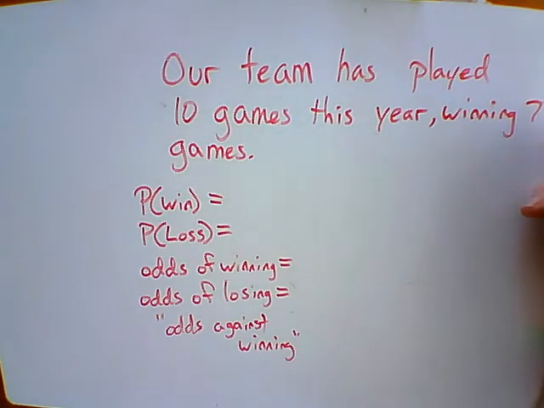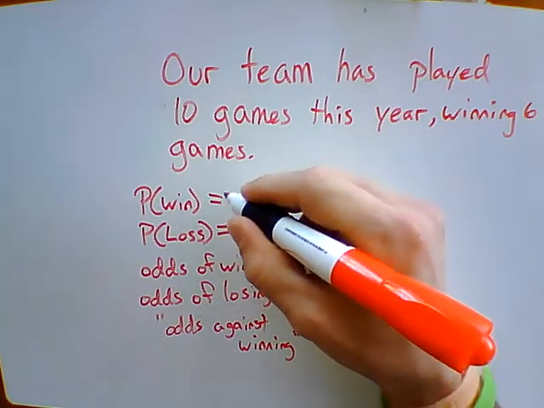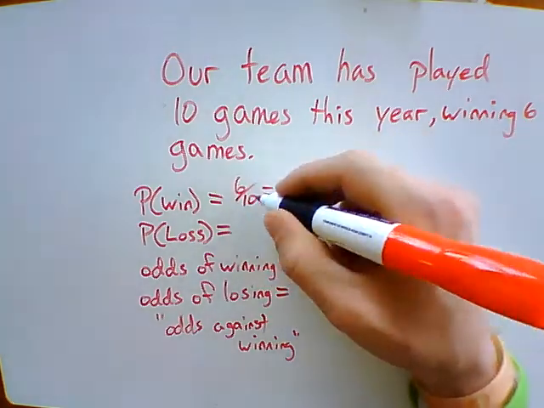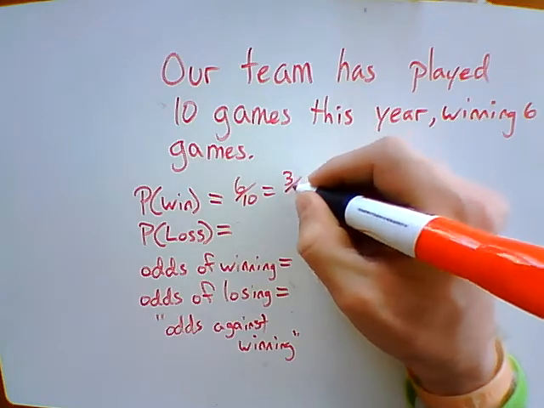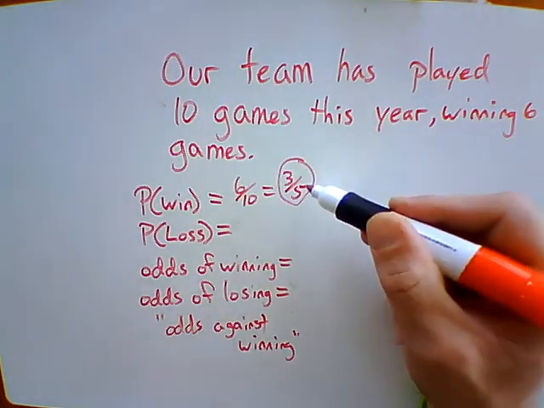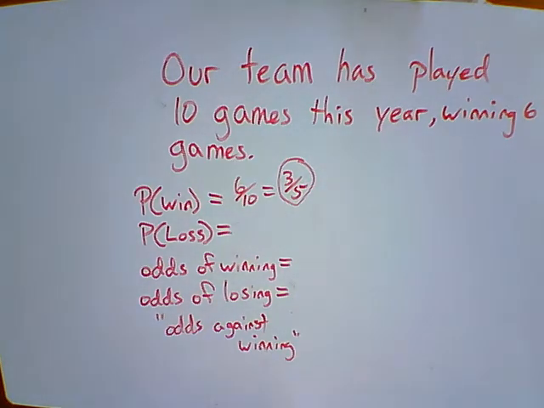Let's say that instead of winning 7 games, we had won 6. Now my probability of winning is 6 out of 10, which reduces, since they're both even, to 3 out of 5. Once I get one reduced number for the probability of winning, everything else reduces exactly the same way.